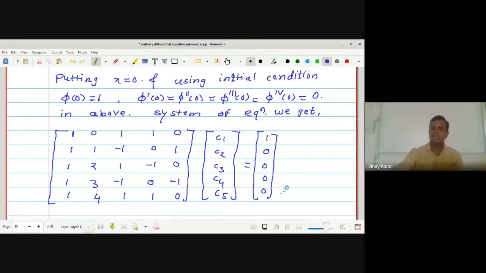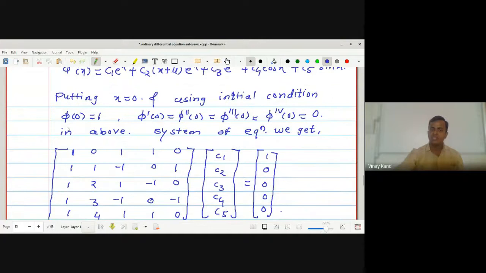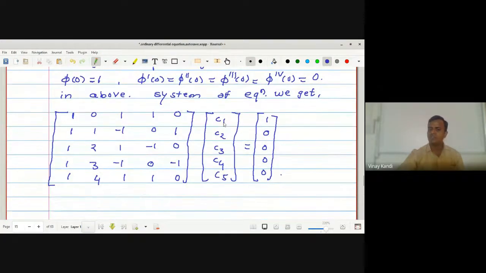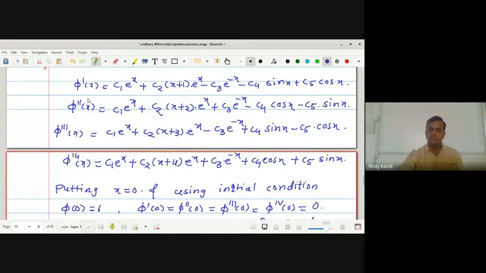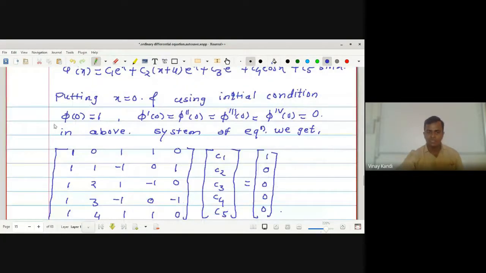Now we have to satisfy the initial conditions and, using this matrix, find the values of C1, C2, C3, C4 and C5, and put them in phi of x. So this is the solution. Once you get C1 to C5 and put their values in phi of x, we get the solution which satisfies these conditions. Phi of 0 is equal to 1.